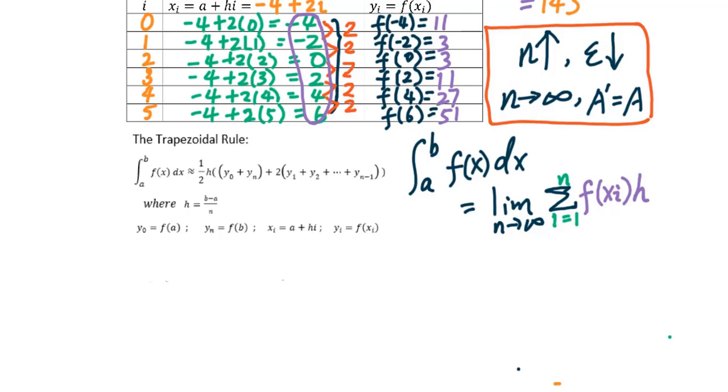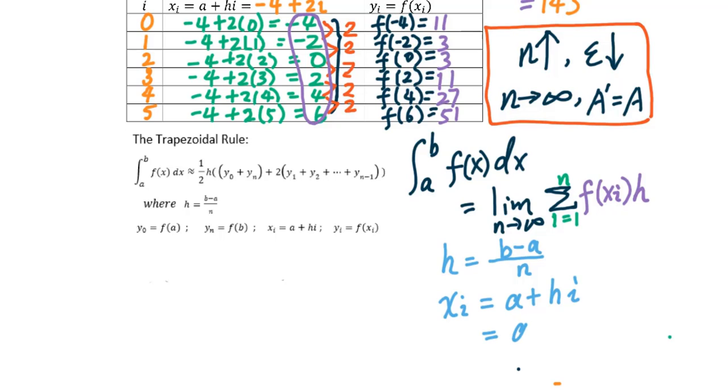In other words, the bottom base and the top base of a trapezoid are equal to each other when you divide this interval into n parts and n is infinity. h equals (b minus a) over n, and xi equals a plus h times i.